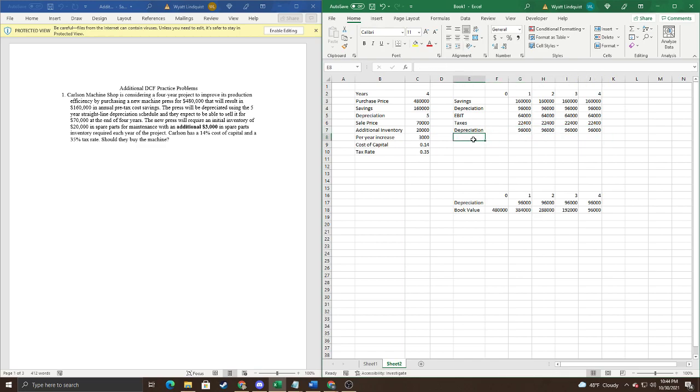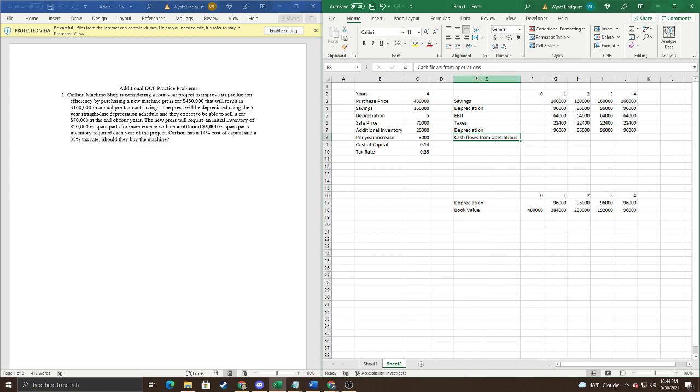And then we're going to do our net income, or our cash flows from operations. Okay. Cash flows from operations. I'm sure I spelled something wrong, but so all we're going to do here is we're going to do this plus this minus that.